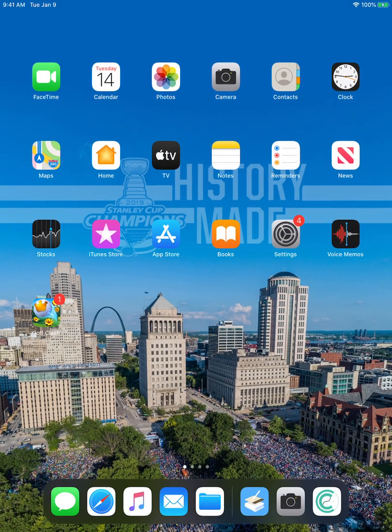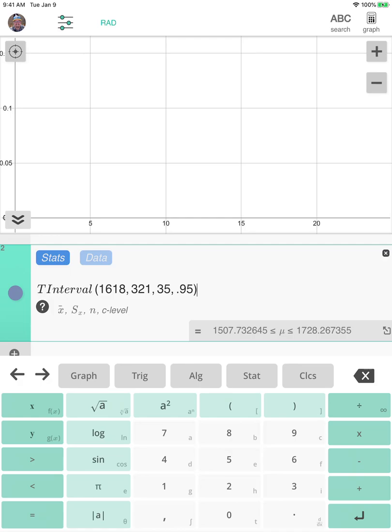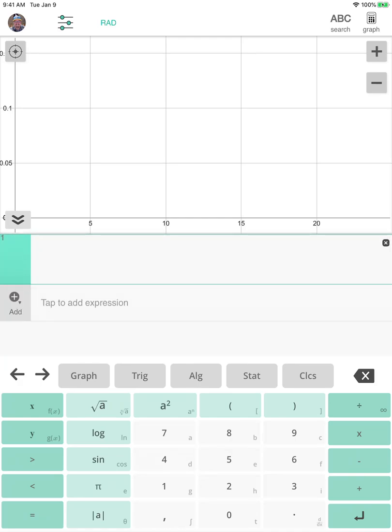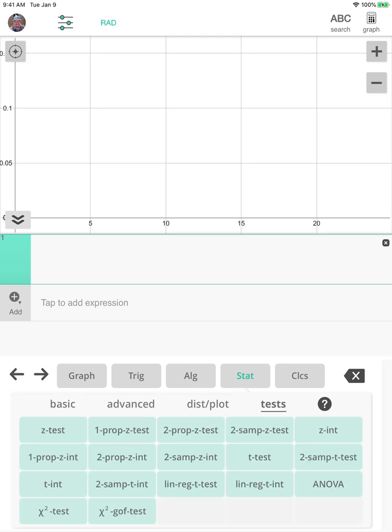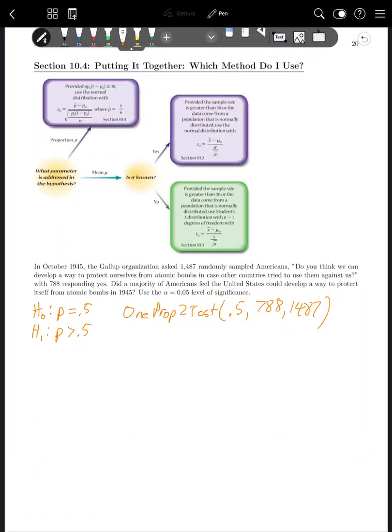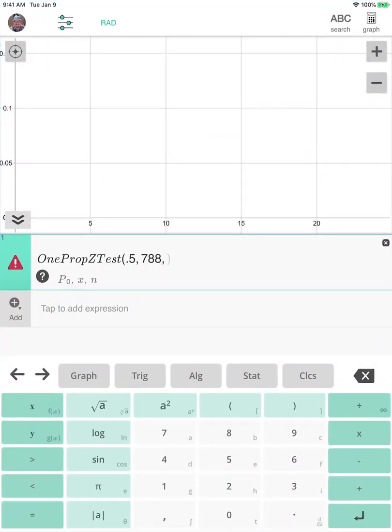So go to the ClassCalc app, put in stat test 1 prop z test, and put in these values: 0.5, 788, and the last one was 1487.